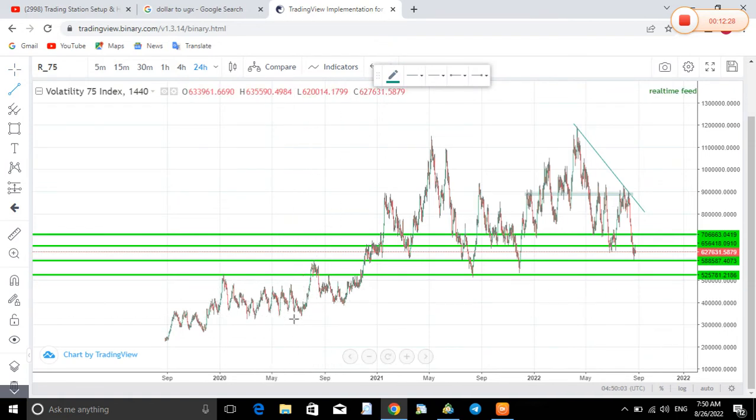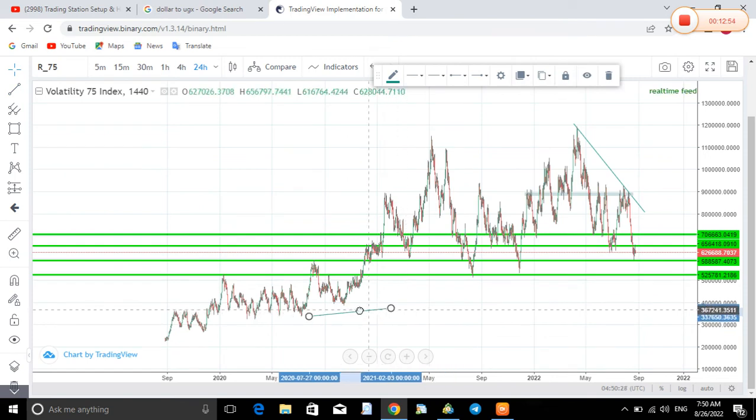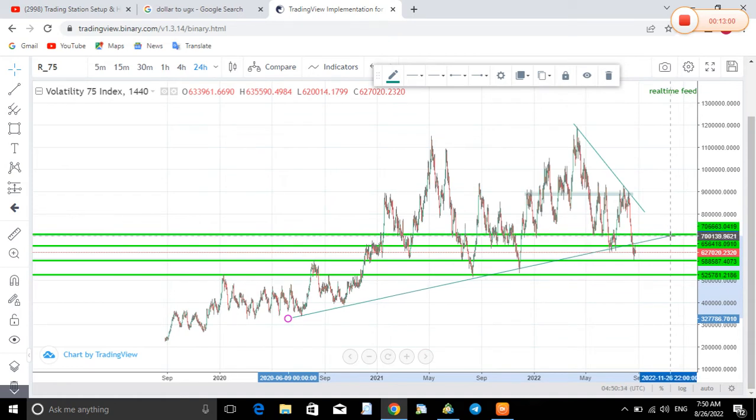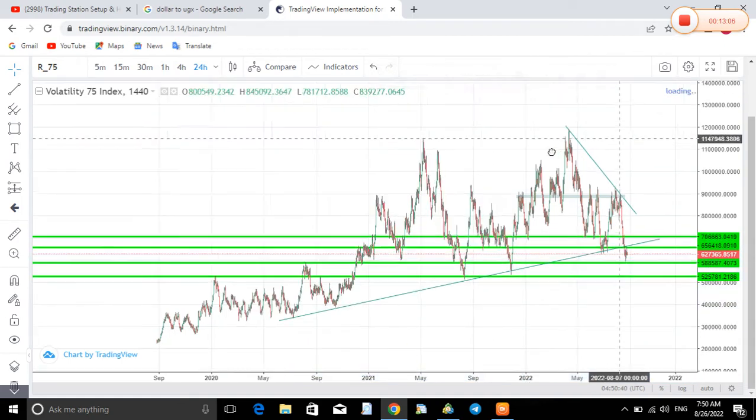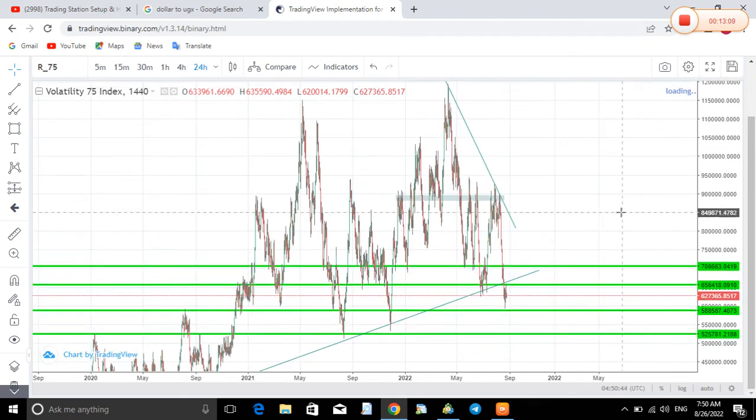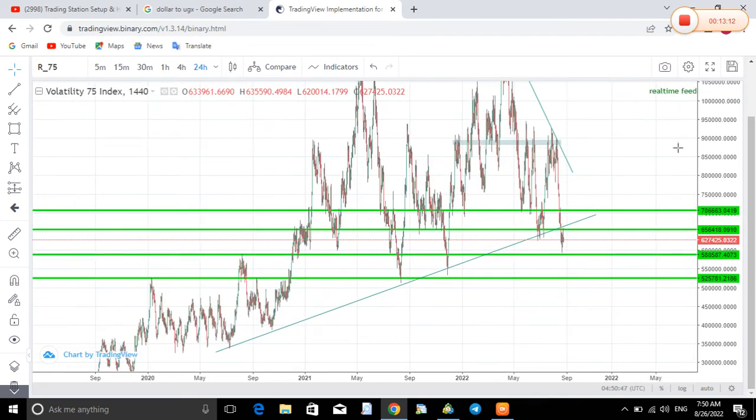Now if I try connecting these recent higher lows, you can clearly see that we have an uptrend.